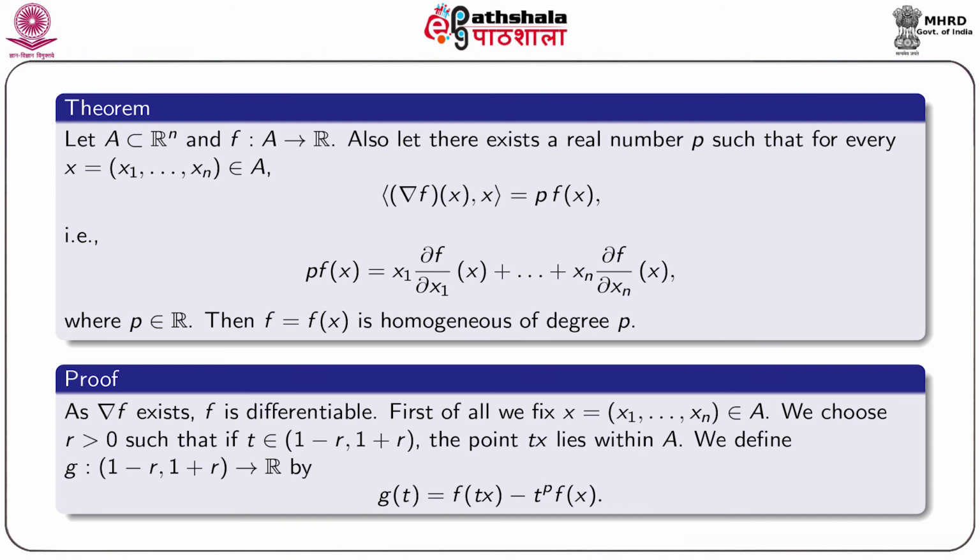We define another function g from the open interval (1 minus r, 1 plus r) to R by g(t) equal to f(t x) minus t to the power p f(x).